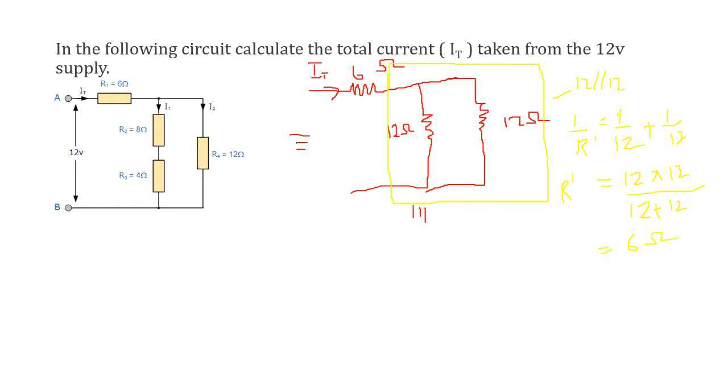So here I am going to redraw this circuit. Here 6 ohm, and for this 12 ohm parallel connection I can replace it by a 6 ohm resistor in the equivalent circuit. So here 6 ohm resistors are connected, here also 6 ohm.